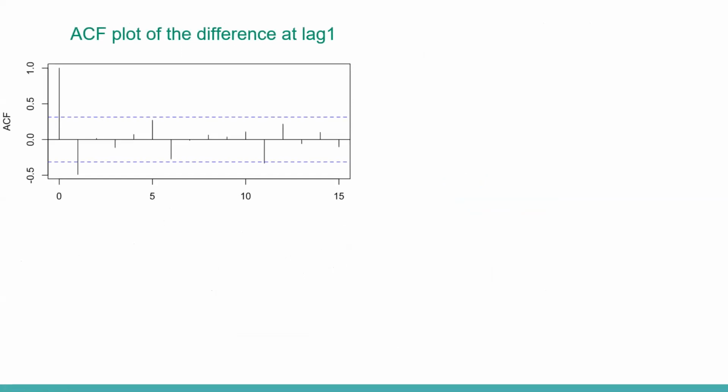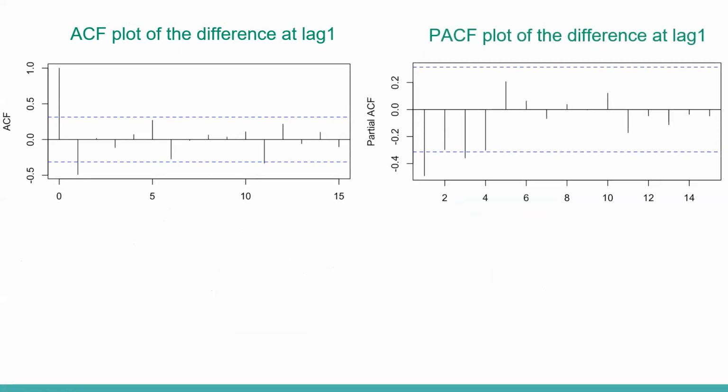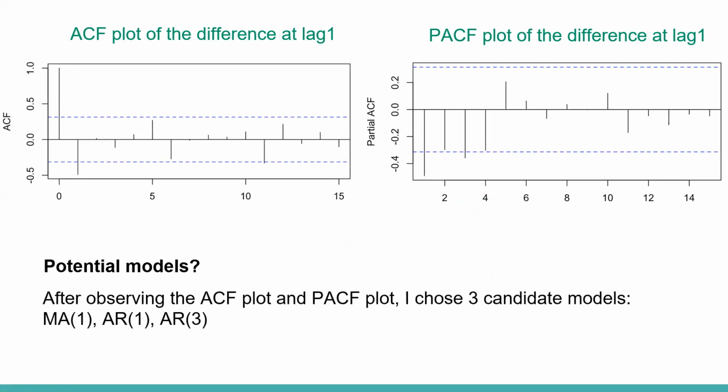And of course, how do I know if everything is fine? I told you the other time, I need to have the plot of the ACF, and not only that, I'm going to have the plot of the PACF here.